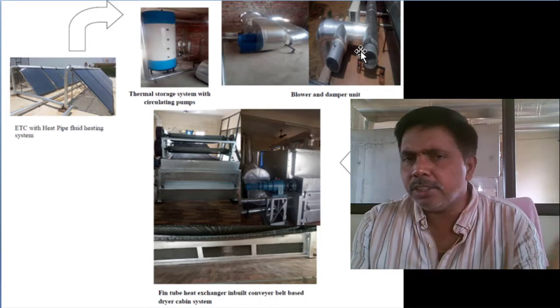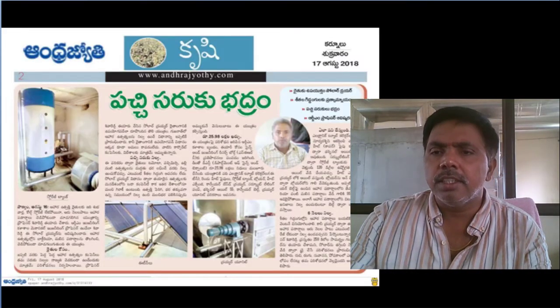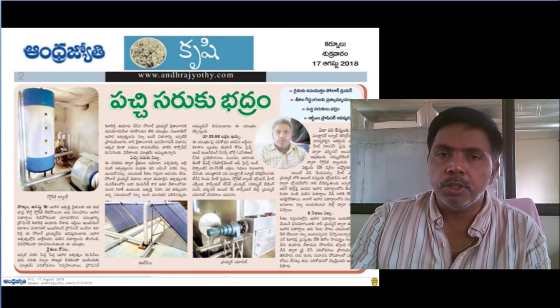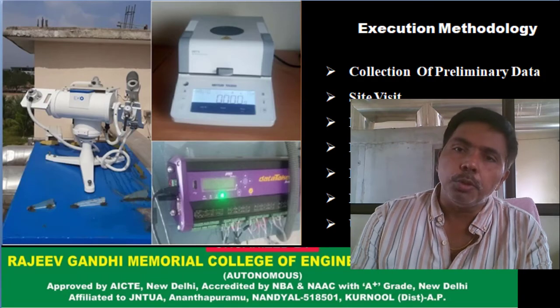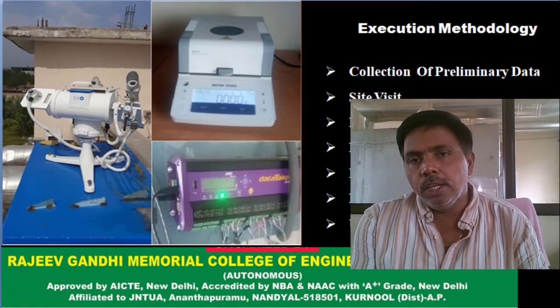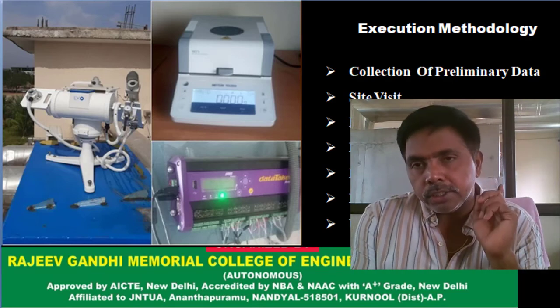So like this, so many types of dryers are there in the market. Some articles have been published on the developed systems. Moving to the execution point of view, I showed the different solar dryers. First of all, we want to identify the product.